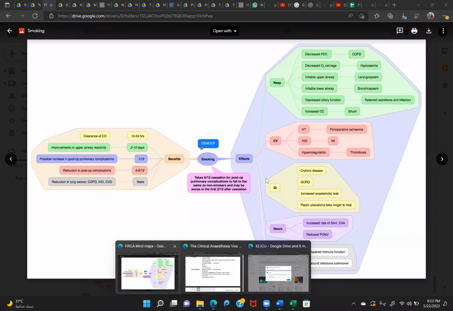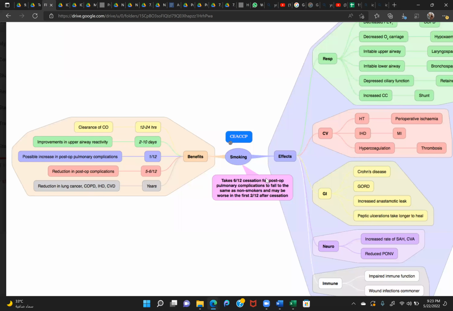You mean you're talking about smoking, sir? Yes, I'm talking about smoking. Actually, if it's less than 2 weeks, then there is more secretion production and more respiratory complications.